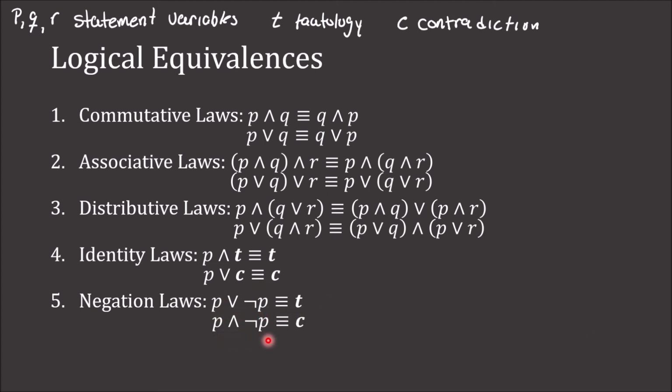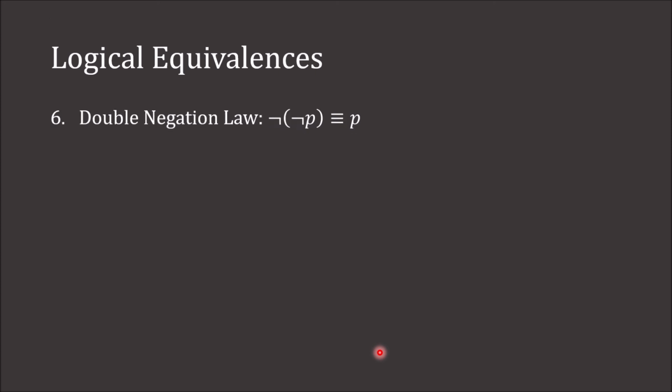P and not P results in a contradiction. Double negation. Not not P is simply P. Idempotent laws. P and P results in P. P or P results in P.